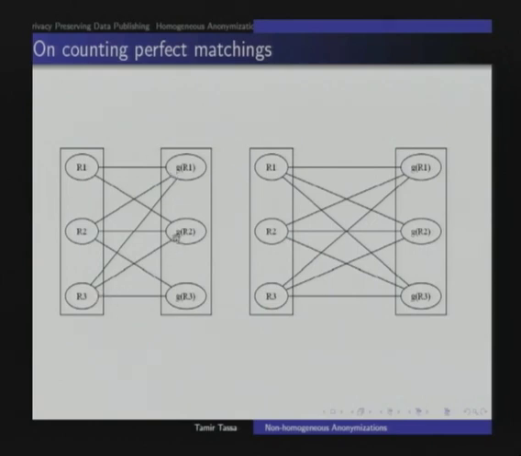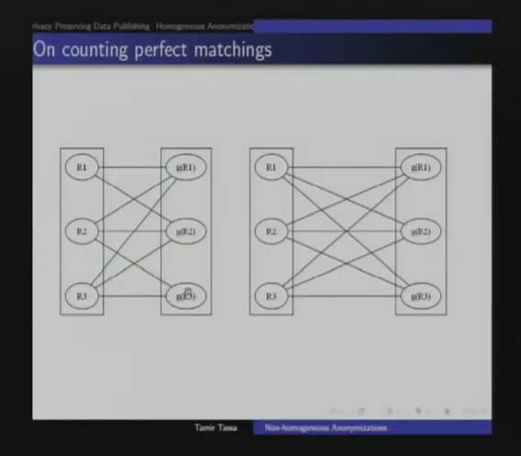So an adversary already has here a distinction between that possible generalized record and that one. This appears in more perfect matchings than this record, and therefore he might infer that this is the image of his target individual with probability which is not 1/3, 1/3, 1/3 in this case. So this is a problem.